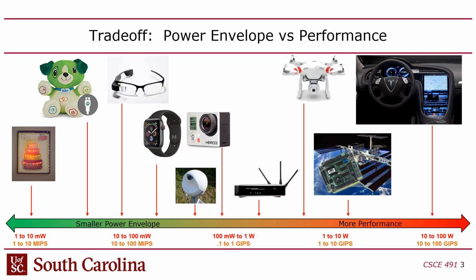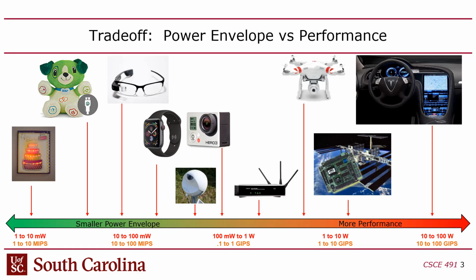And computers have this caveat where their computational performance scales with the power. So, the power envelope. So if you want more performance, they need to consume more power, right? So you end up with kind of this spectrum of very lightweight systems that are technically computers. They're Turing complete.